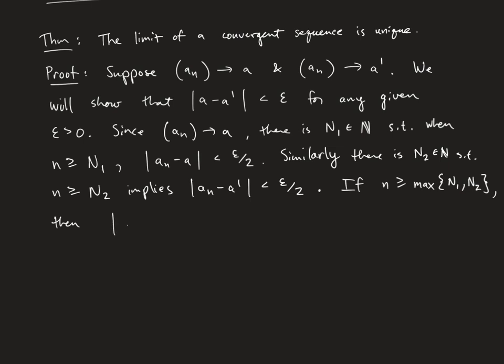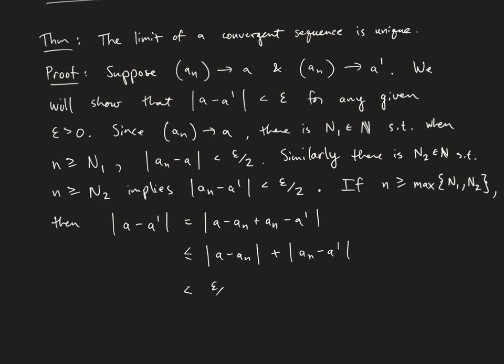we see that the distance between a and a prime, that's equal to a minus an plus an minus a prime. And that is less than or equal to the absolute value of a minus an plus the absolute value of an minus a prime.